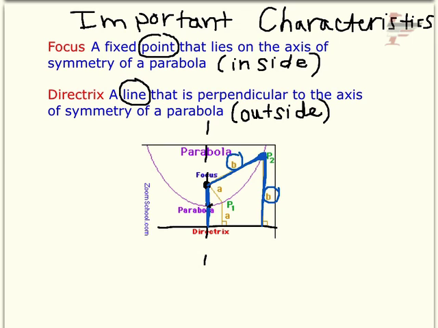Another example here, they have this point on the parabola, A units to the focus, A units to the directrix line, equidistant. And really, you could take any point. I'll take this point right here, equidistant to the focus as it is to the directrix line. So if that's 2 units, that's 2 units.